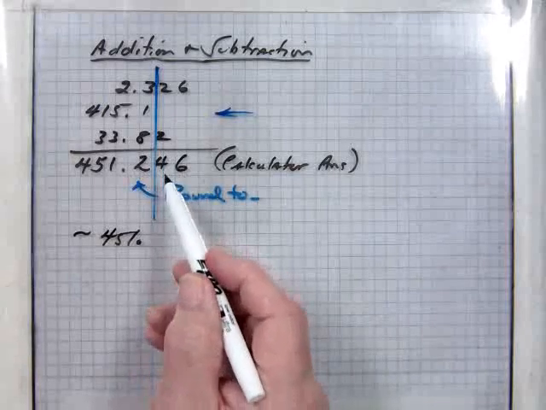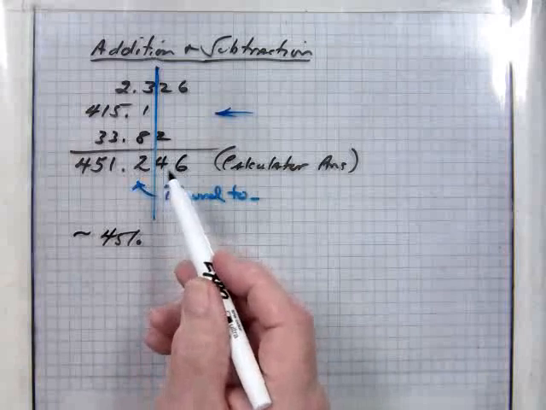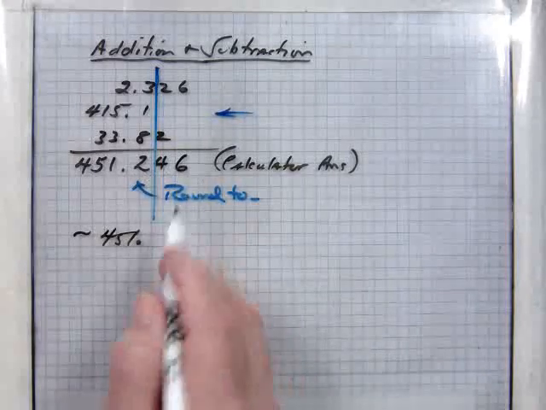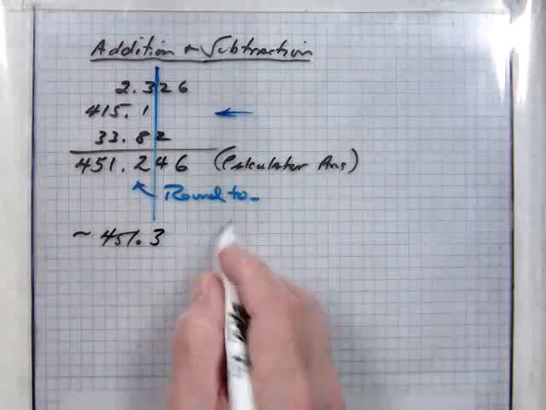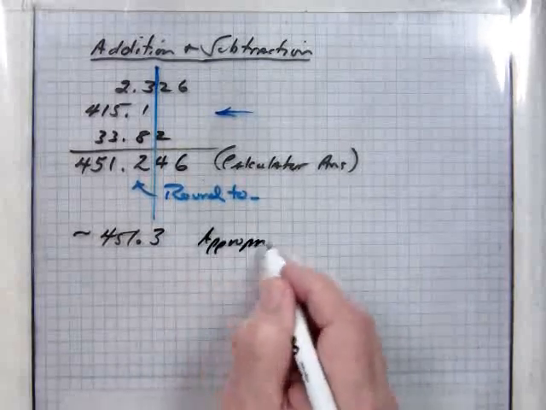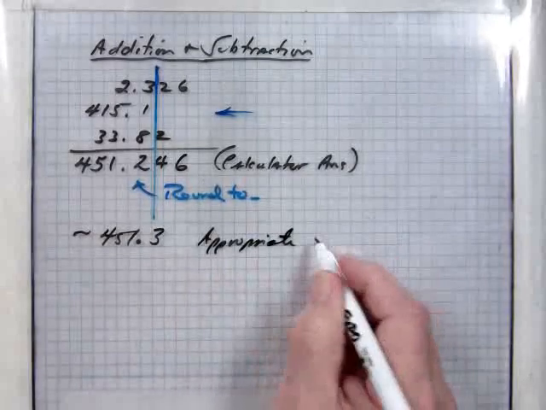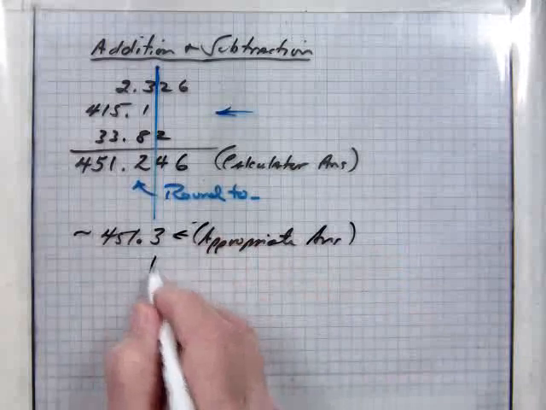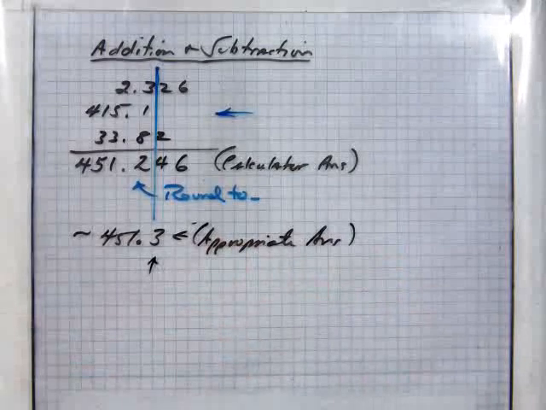We'll use the 5 plus rule. 6 will take 4 to 5, and 5 will make 2 into a 3. So this is your appropriate answer, rounded to the least number of positions to the right of the decimal. Okay.